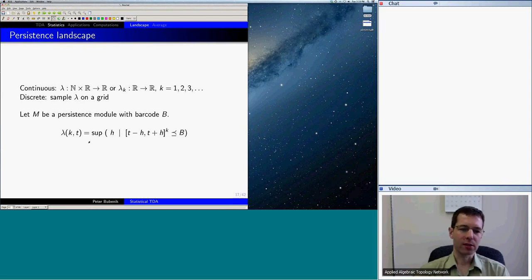The definition is very simple. It's this definition here. Let me show you what this looks like. So if we can draw a barcode here.